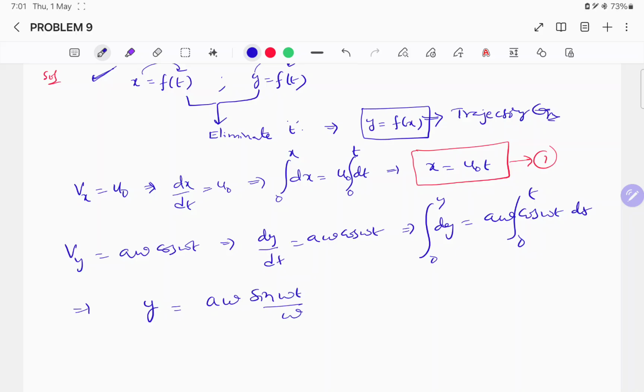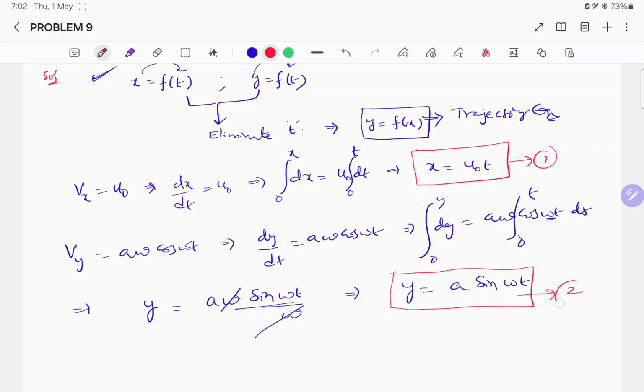We know the integral of cos x dx is sin x, but here it is cos kx dx, so from the chain rule you get divided by that constant, here omega. Omega got cancelled, so y equal to a sin omega t. Let this be the second equation.